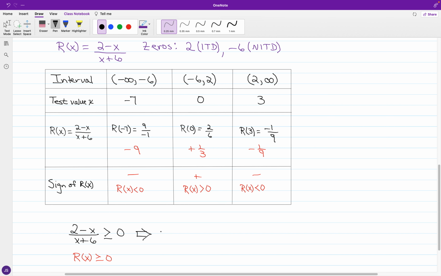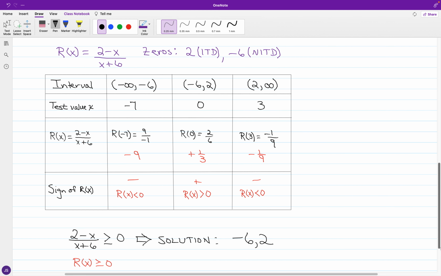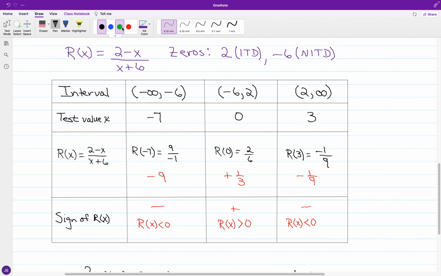And looking at the solution set of x in interval notation, r of x is greater than or equal to 0. This will be in the same direction as r of x is greater than 0. So we have this in this middle interval section, involving the numbers -6 and 2. And if I had just greater than 0, both values would be in parentheses, but with the equal sign, again, there is the possible use of a bracket.